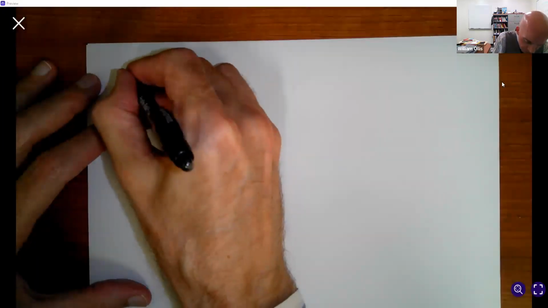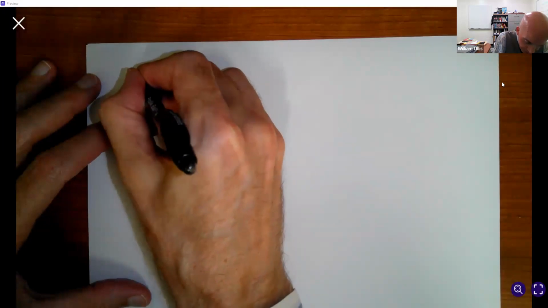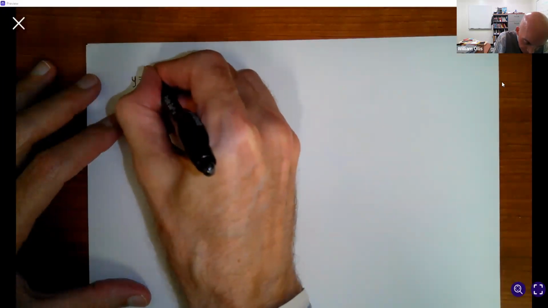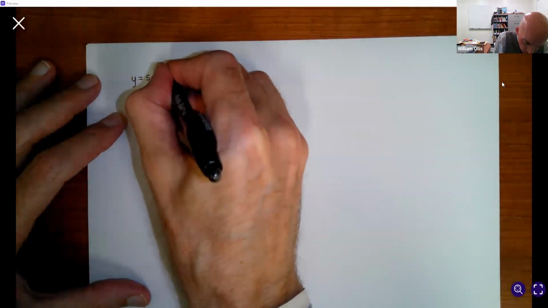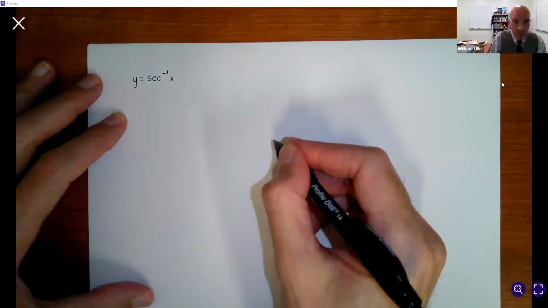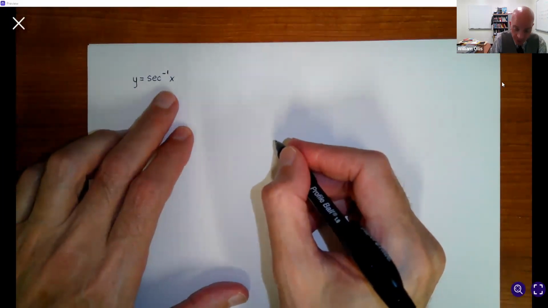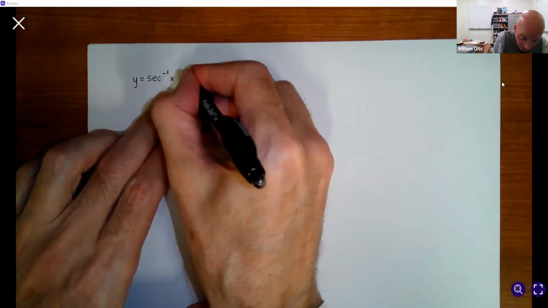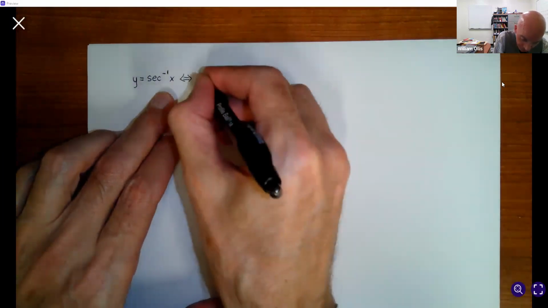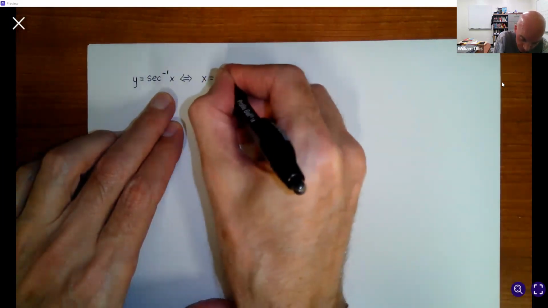So let's just remember, back in pre-calculus, we would say that y equals the inverse secant of x if and only if x equals secant of y.